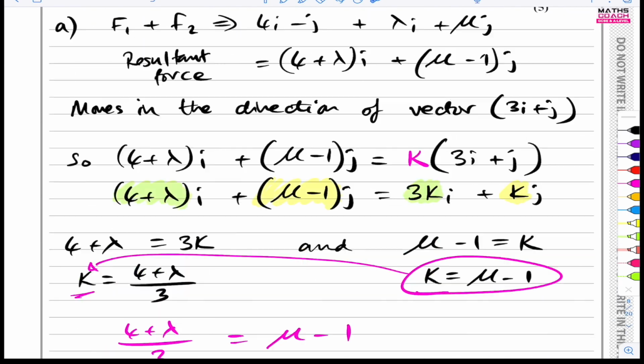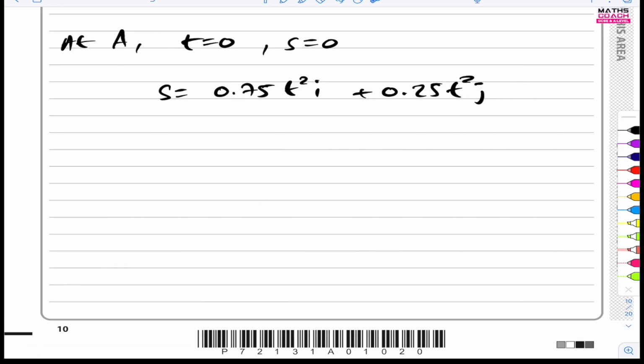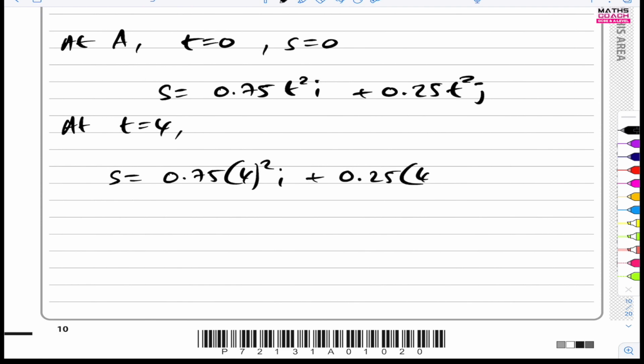So we can find that position right now by subbing in t equals 4. So at t equals 4, s is equal to 0.75 times 4 squared i plus 0.25 times 4 squared j. So s is equal to 12i plus 4j. Okay, that's it.